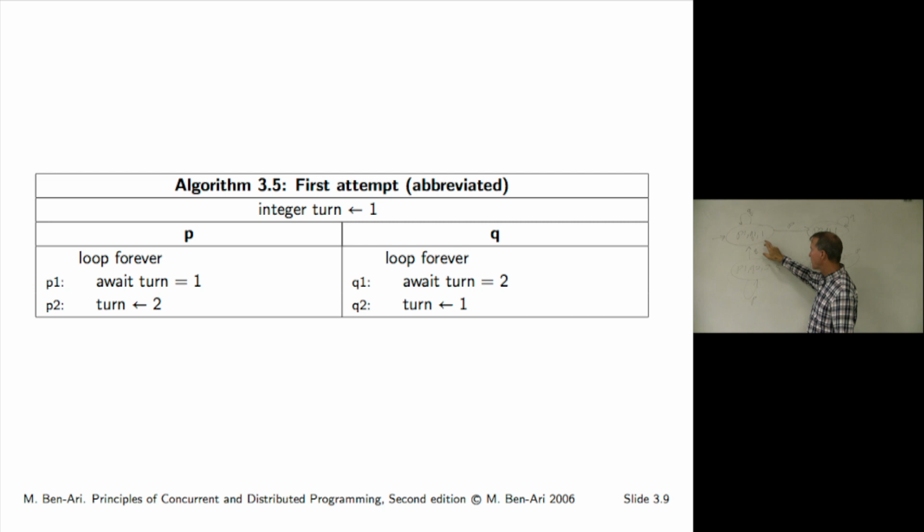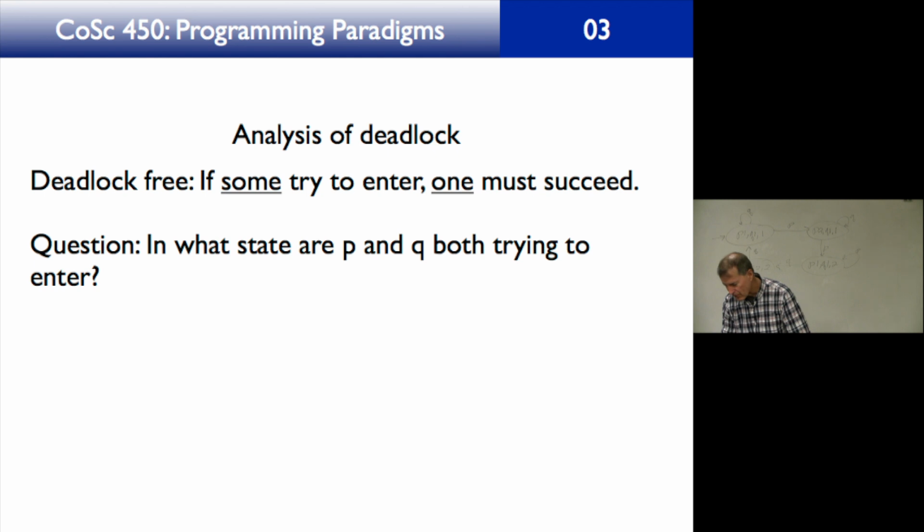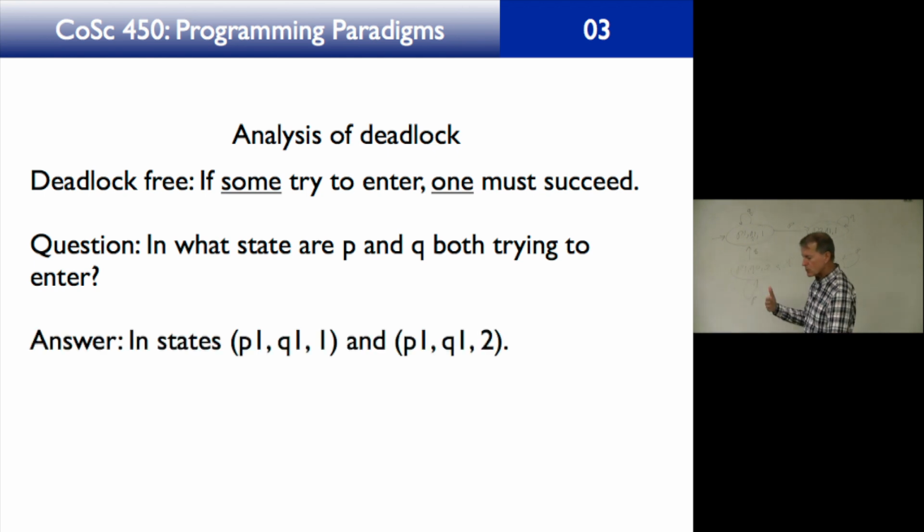If you're in P1, Q1, what's going to happen? You have a way out. In other words, you don't have a state that loops to itself with no way out. Is everybody with me on that? In states P1, Q1, 2 and P1, Q2, 2 they are both trying to enter, but we deduce what must happen from one of these states.